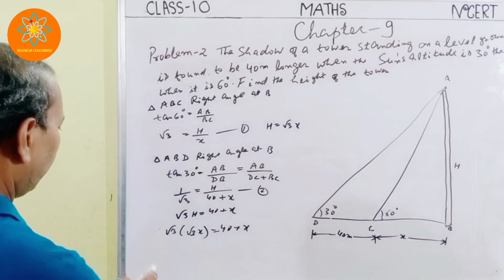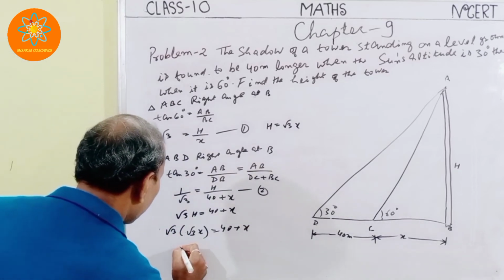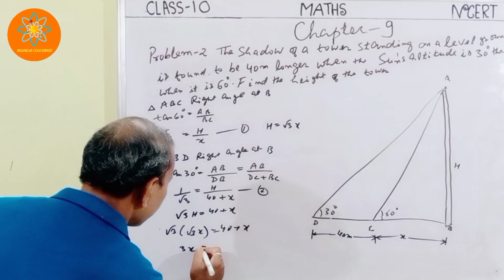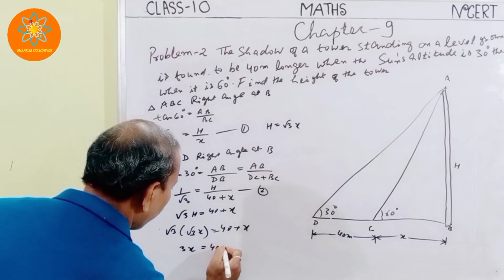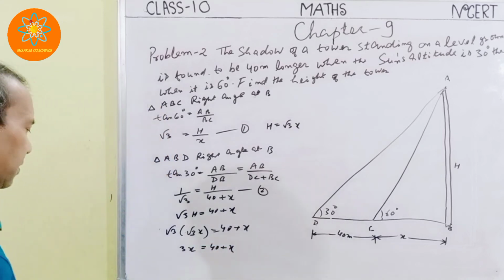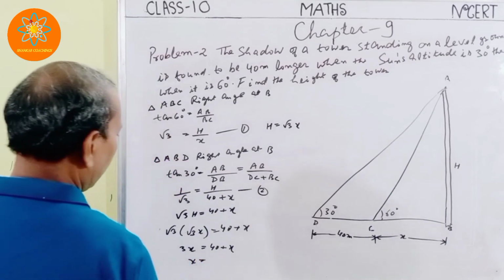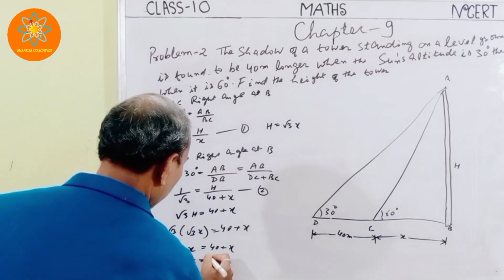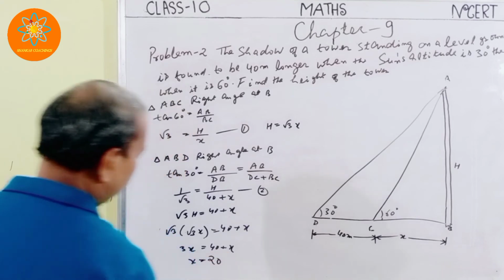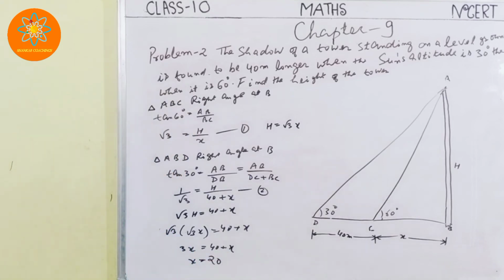So 3x is equal to 40 plus x, or x is equal to 20.